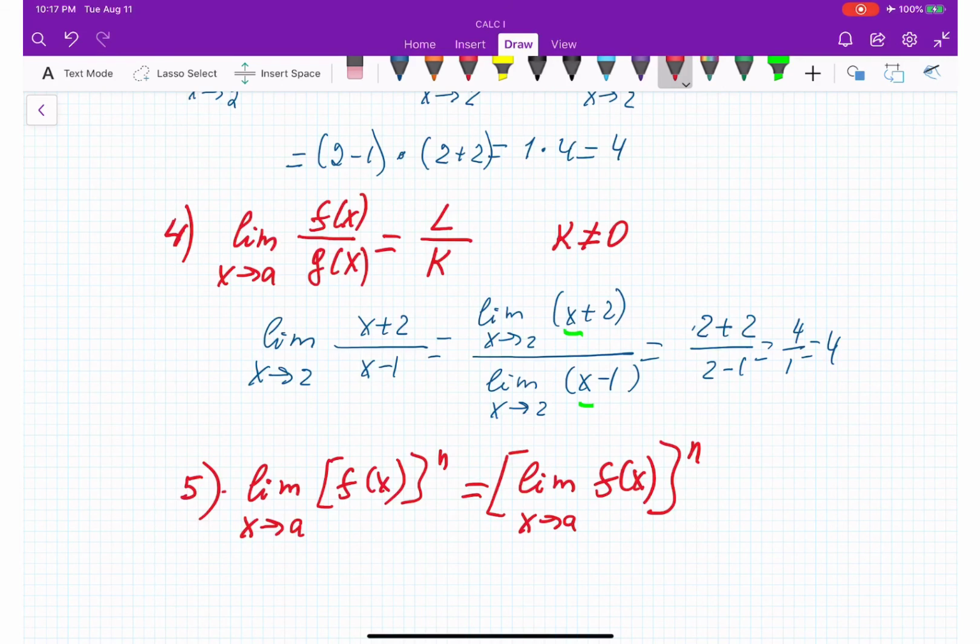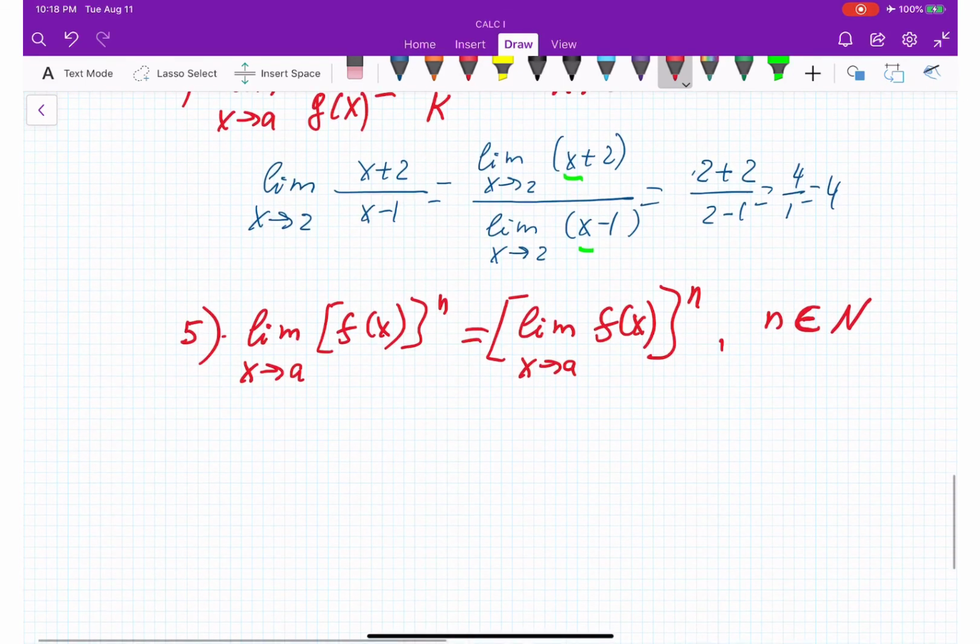And n can be a natural number. Uppercase N is the natural numbers. What is a natural number? Starting from 1 and whole numbers increasing: 1, 2, 3, 4, 5, 6, 7, and so on. 0 is not included in the natural numbers. 0 is a whole number but not a natural number. All right?